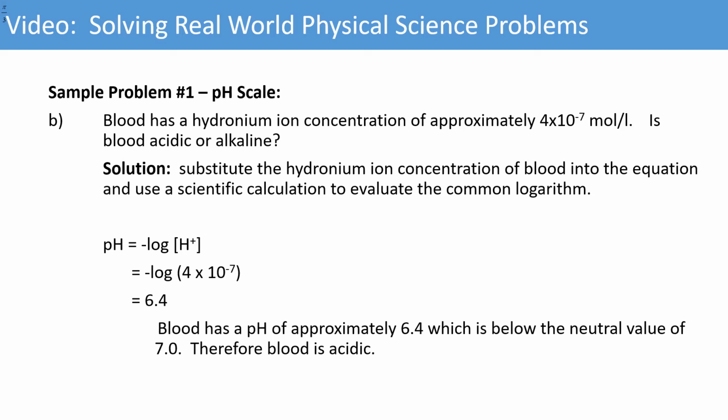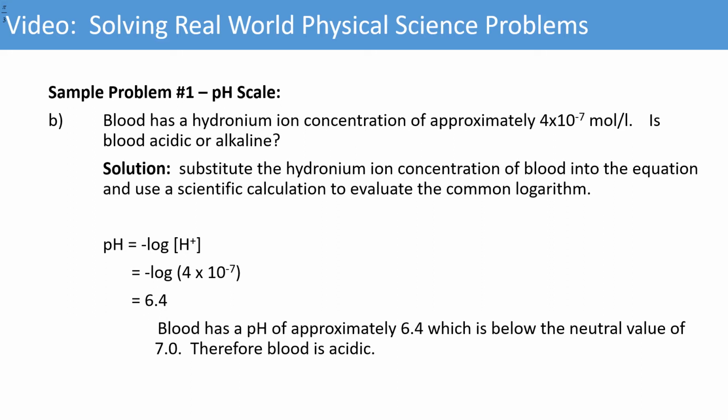Blood has a hydronium ion concentration of approximately 4.0 times 10 to the negative 7 mole per liter. Is blood considered to be acidic or alkaline? Here is your solution.